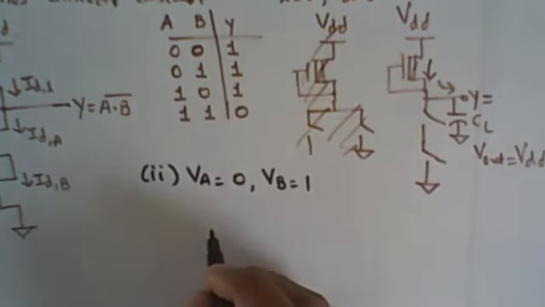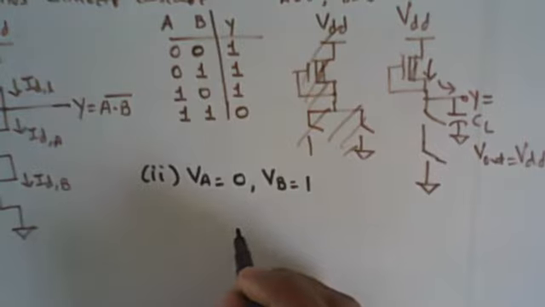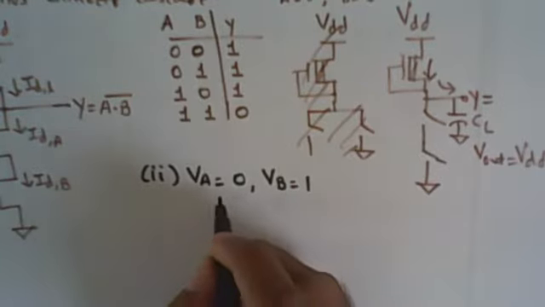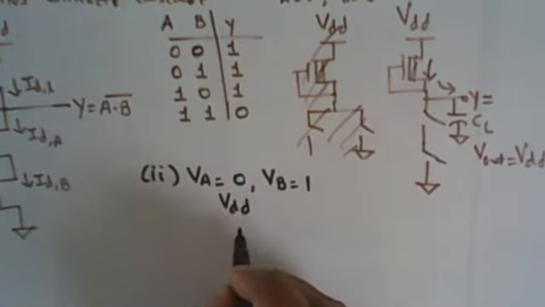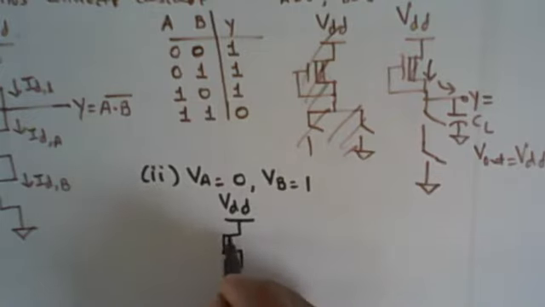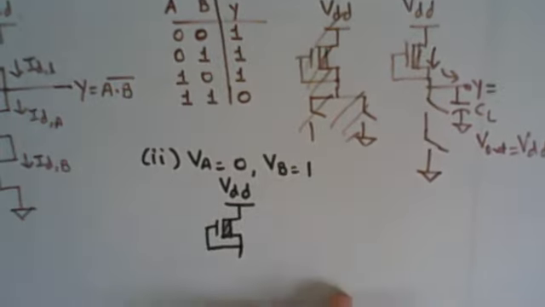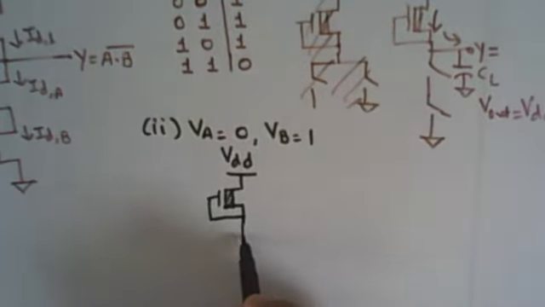At that time driver MOSFET A is operating in cutoff and B is operating in conduction, so it has some on resistance.